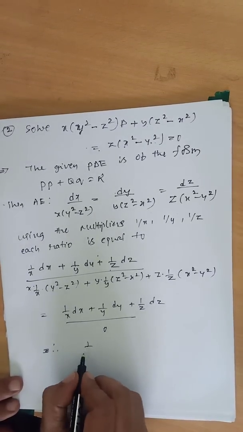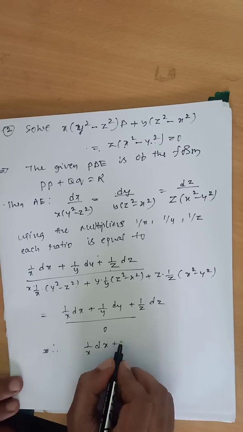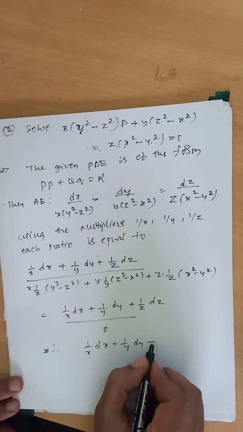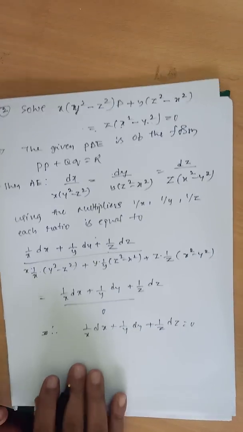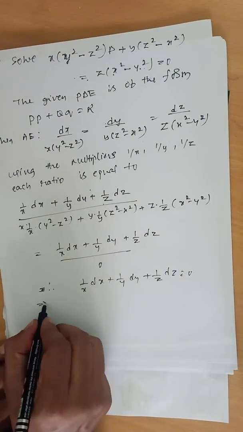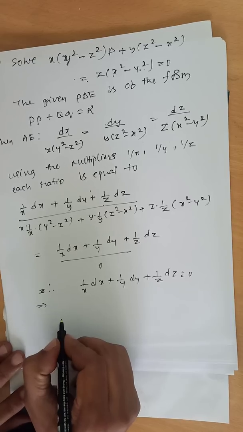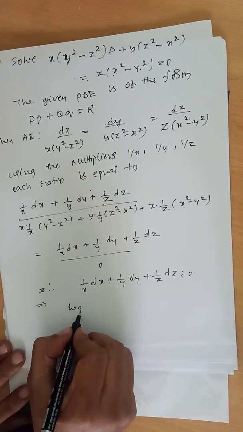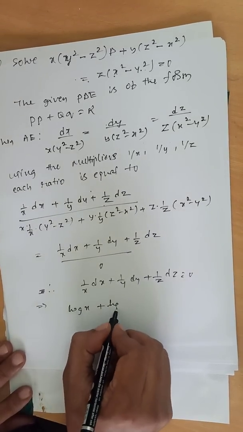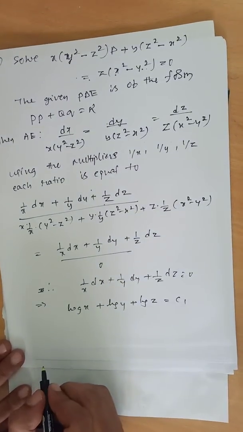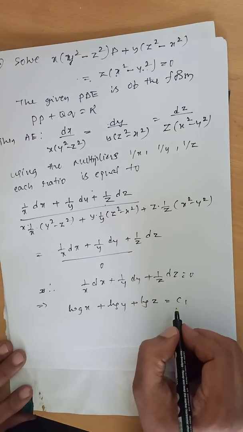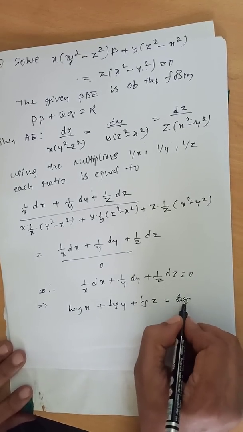Therefore 1/x dx + 1/y dy + 1/z dz equal to 0. On integration, integrating 1/x is log x, log y, log z, integral constant log c1.